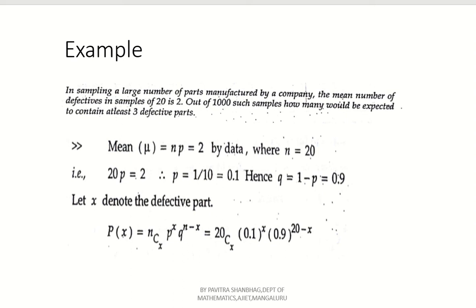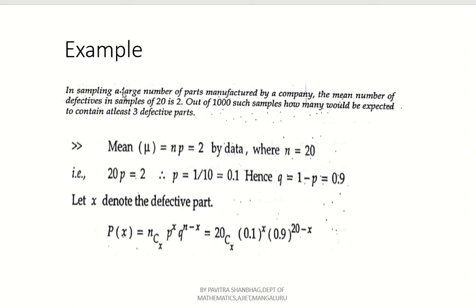Now, next move to another sum. See, in sampling a large number of parts manufactured by a company, the mean number of defectives in a sample of 20 is 2. Out of 1000 such samples, how many would be expected to contain at least 3 defective parts? Read this question carefully.